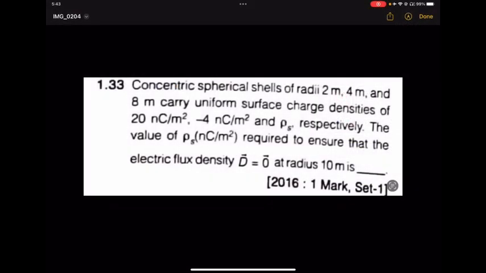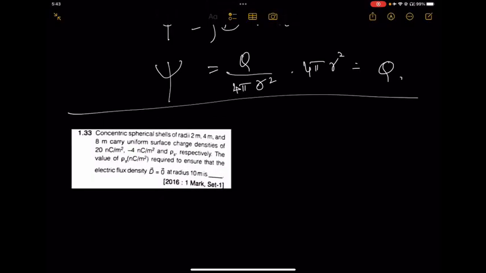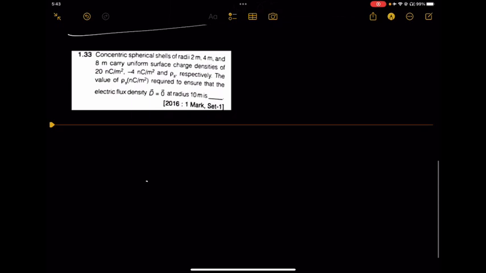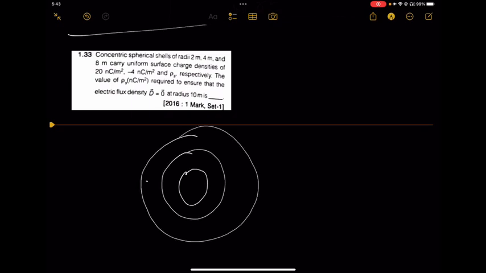See, this problem we will see. We are talking about concentric spherical shells, one over the other with the center at the origin. For example, 2 meters, 4 meters, 8 meters, carrying uniform charge densities. So you can visualize this as 3 concentric shells, and they are saying the charge density, look at the unit, it is nanocoulomb per meter square.